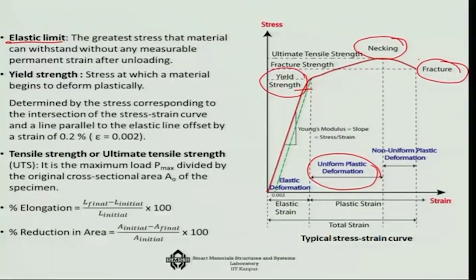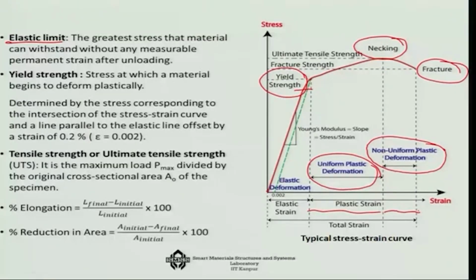That is what generally happens for a ductile material. Beyond that necking point, what you get is non-uniform plastic deformation. So, the plastic strain itself can be divided into two parts: first, uniform plastic deformation, and then non-uniform plastic deformation till failure. That is what we will find in the system.